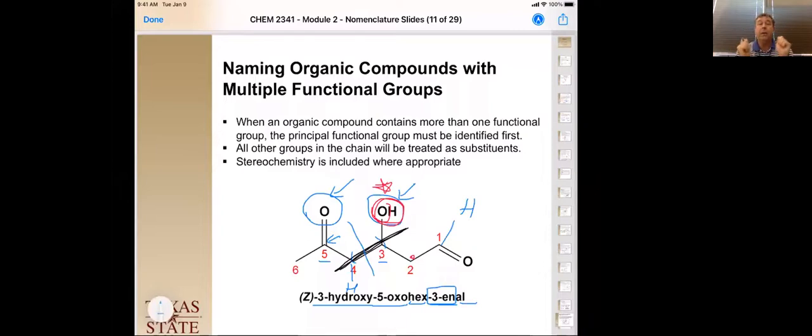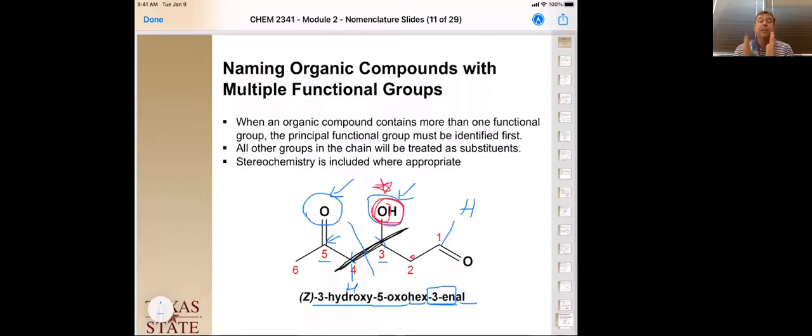All you have to do is go practice it and start recognizing these functional groups, understanding what the priority is, and how to put them together. The oxo is used for aldehydes and ketones when they are not the highest priority. If you use the table on the nomenclature review on Canvas, there's a row for when it changes the name of the compound, and there'd be al and one.